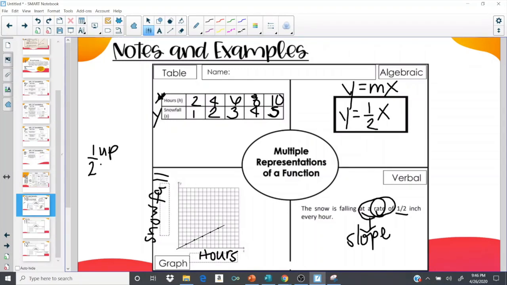It is positive, therefore it will be 2 to the right. And if you were going in the opposite direction, because this was the last point we had, we will go in the opposite direction of 1 up, 2 right. So we go 1 down, 2 to the left. And it does go through the origin. This relationship represents a proportional relationship.